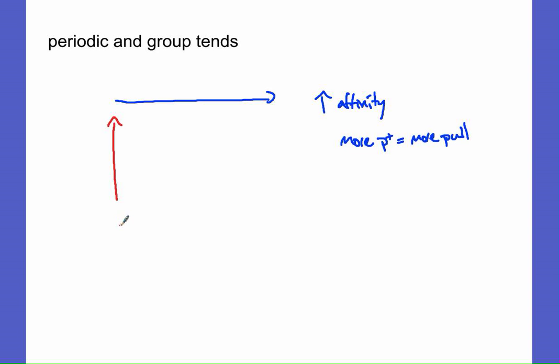So the affinities go up as you go up a column because the electrons are closer to the center, and therefore you would have more attraction again.